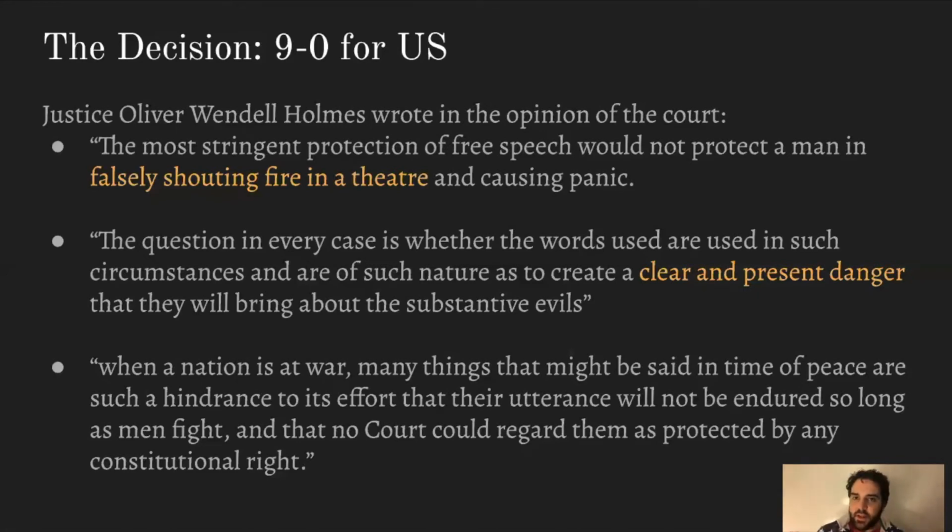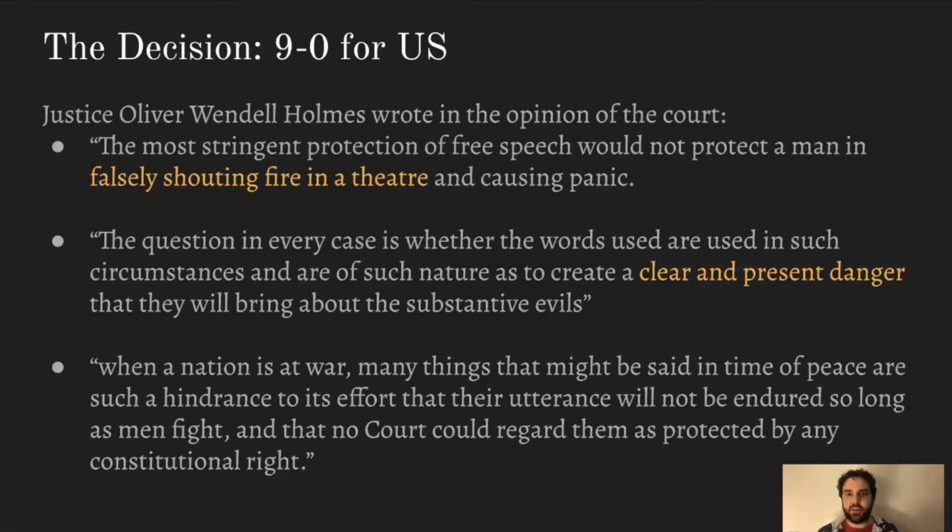He is really saying that this speech cannot be protected because it is dangerous. It presents an obvious danger, and it's going to bring about clear bad things.